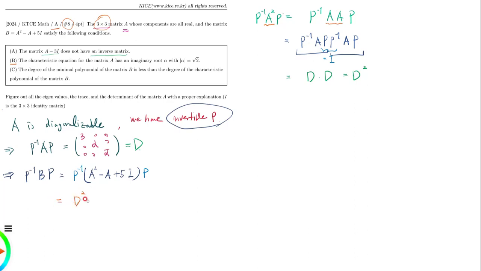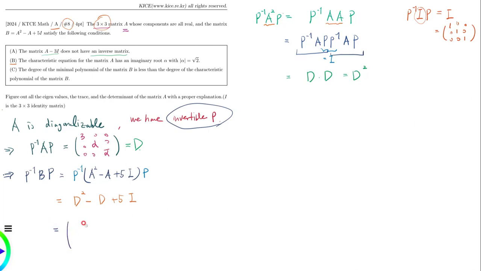So by doing a calculation, we have D squared minus D plus 5 times I, because when we multiply P inverse on both sides of the identity matrix, we still have the identity matrix, which is 1 1 1, and all the other entries are 0 in this case of 3 by 3.